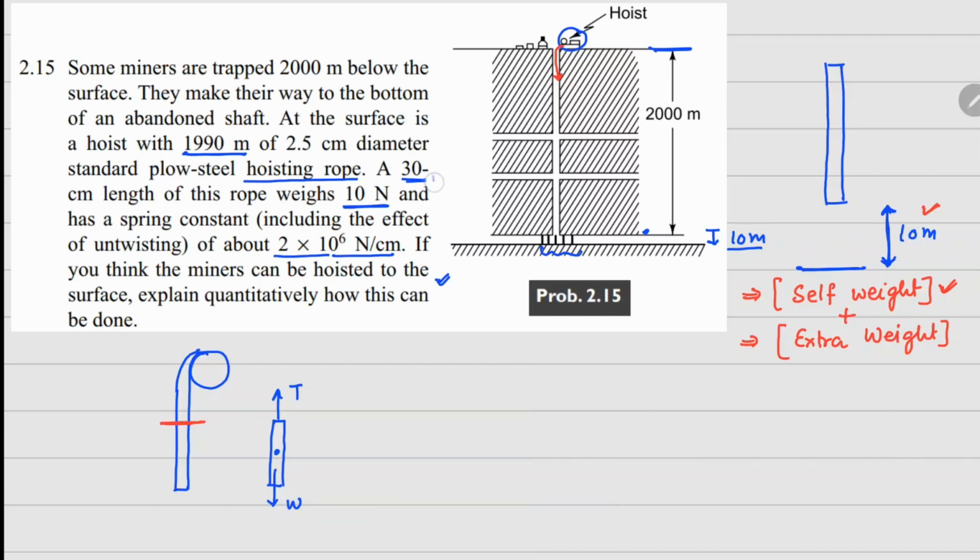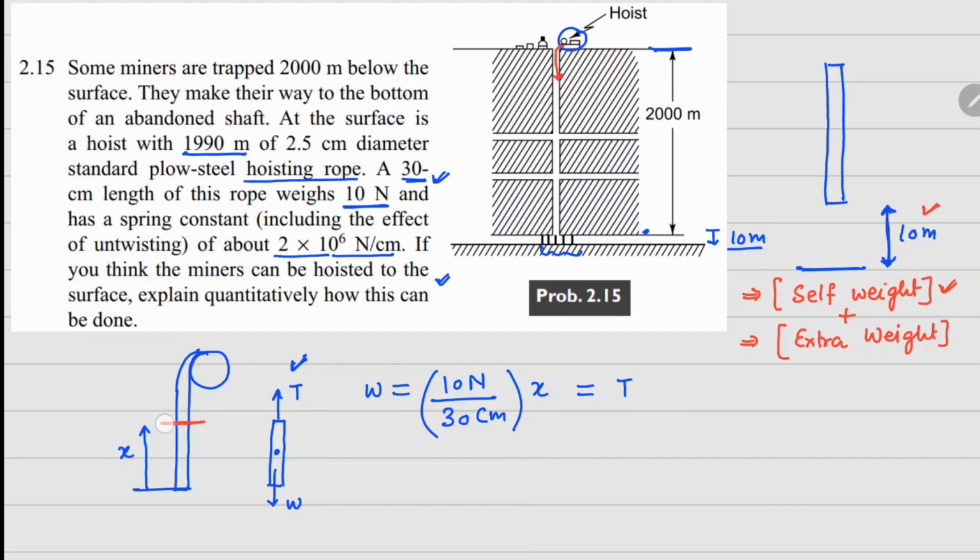Since this weight is per unit length, it is going to be only for this length right there. How much is this weight? This weight can be written as 10 newtons for 30 centimeters, so this is the per unit length weight. Now how much length we have covered is this right here. From the free body we can see the tension equals the weight, so this is the tension.